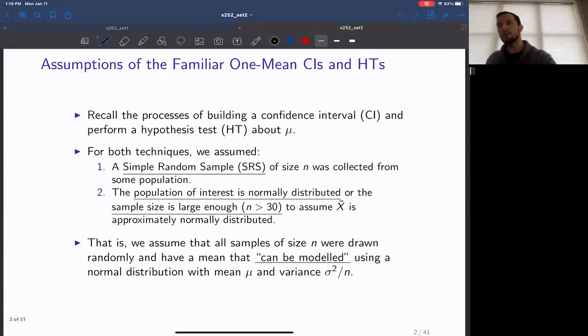All right, I mentioned before, I think a bit briefly, that this idea of being normally distributed is a very important concept in the context of statistical inference.